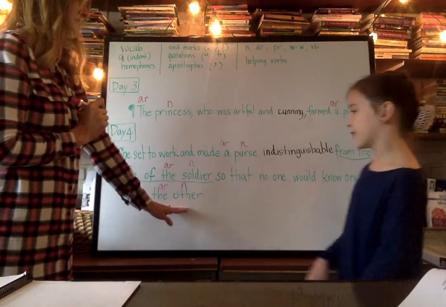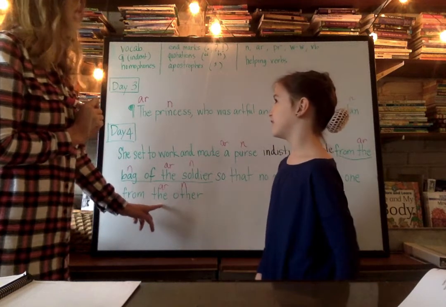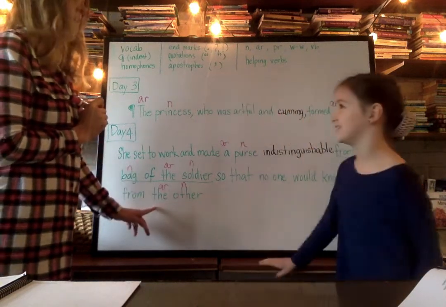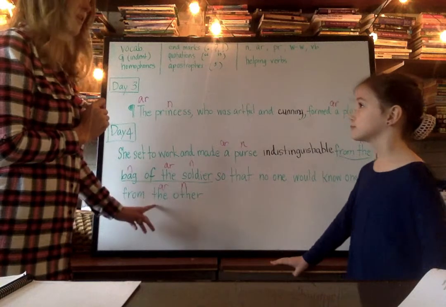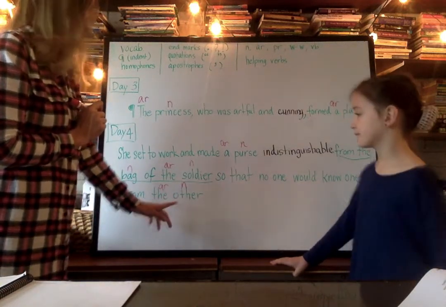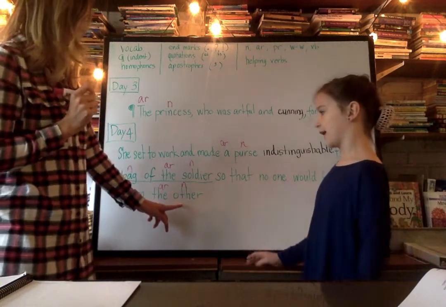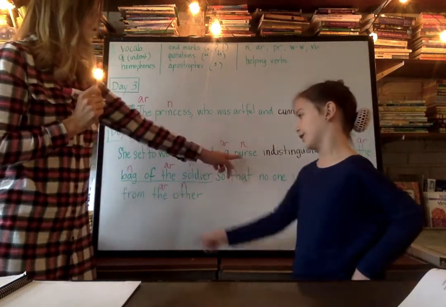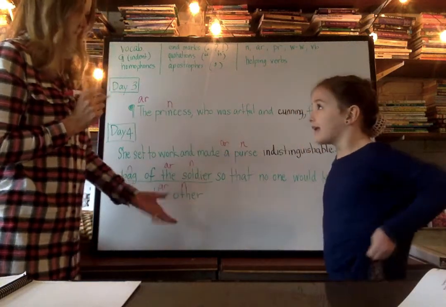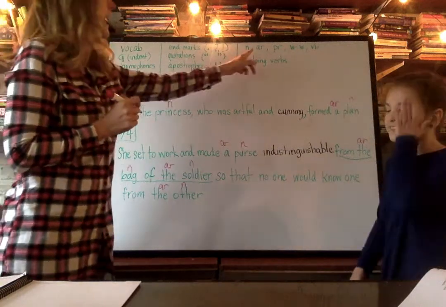Because it comes after an article. Very good. So nouns always follow articles. Sometimes you might have an adjective in between, but it's still a noun. Yes, because it's replacing the word purse. Very good. Okay, so we've found all of our nouns and articles.